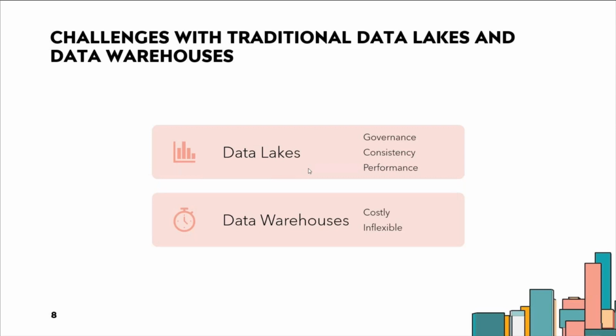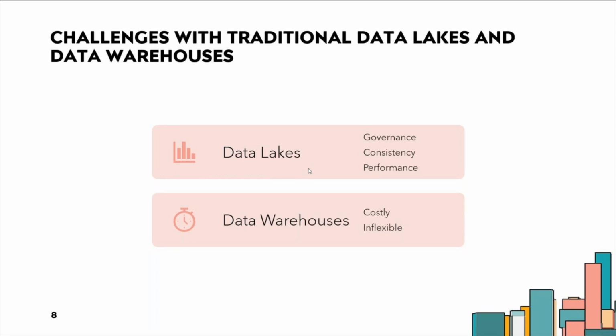So what are the challenges with traditional data lakes and data warehouses? For data lakes, a lot of the issue comes with governance because of the lack of structure in a data lake. Since these data sets are not easily defined, it's hard to govern over that type of data. Data lakes can be inconsistent, again, because they don't enforce any kind of structure or schema. And then data lakes at scale struggle with performance compared to warehouses.